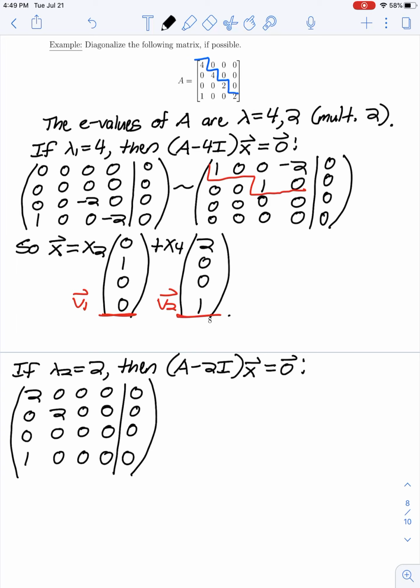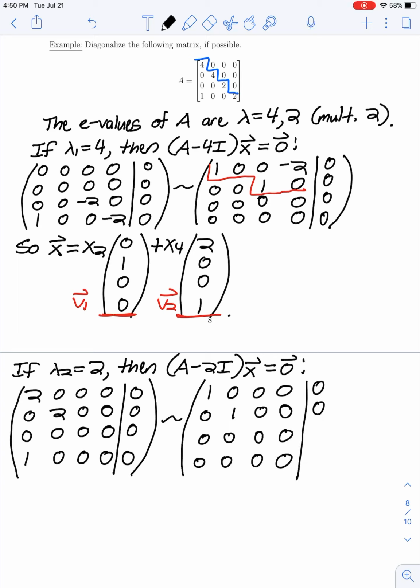And this is the system we're trying to find non-trivial solutions of. So we can see pretty quickly that this is row equivalent to the matrix 1, 0, 0, 0, 0, 1, 0, 0, and then 2 rows of all zeros, augmented with the 0 vector.